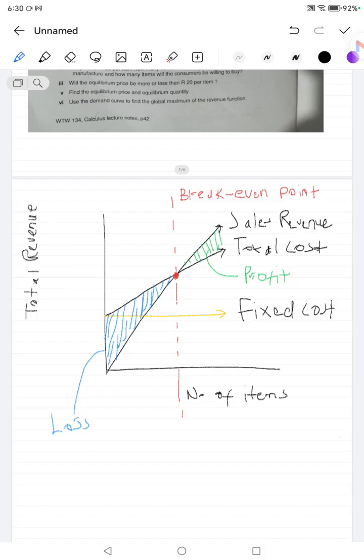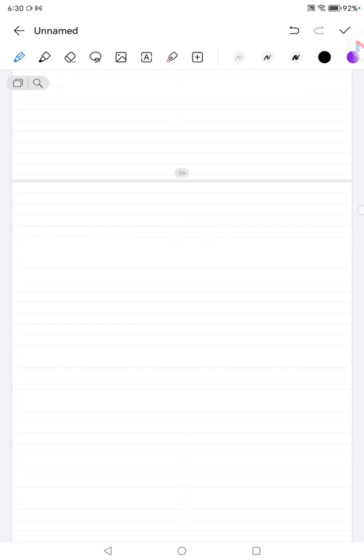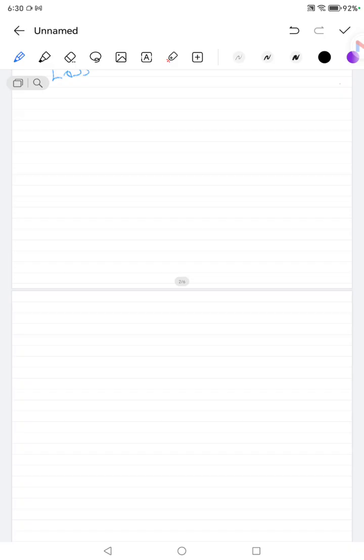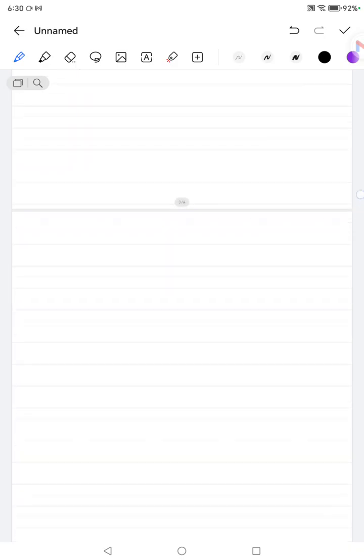So yeah, I just want us to at least maybe go through one example where I explain the break-even point, then we can continue. So okay, let me just leave this one here in this page and start with an example.